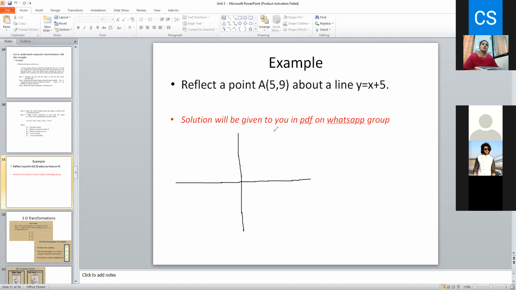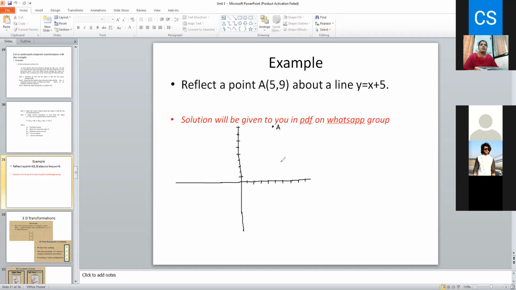Let me mark the axes: 1, 2, 3 up to 9 on one axis, and 1 to 5 on the other. So the point 5, 9 is somewhere over here. This is your point A with coordinates 5, 9.